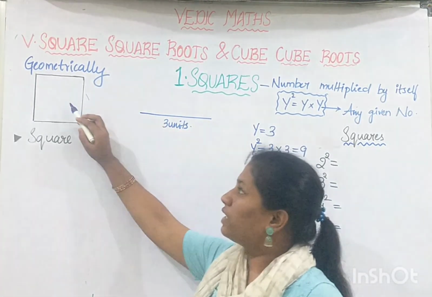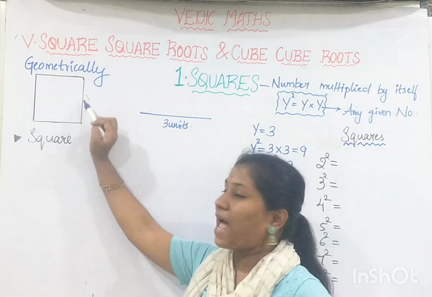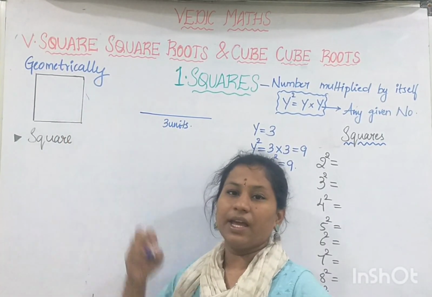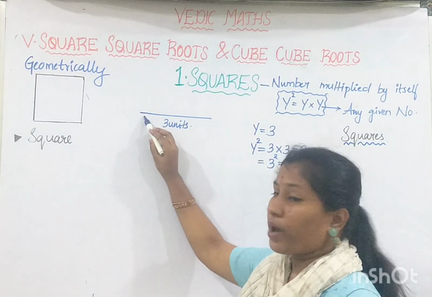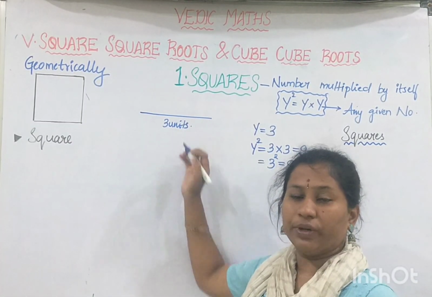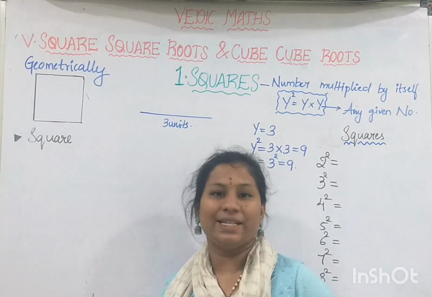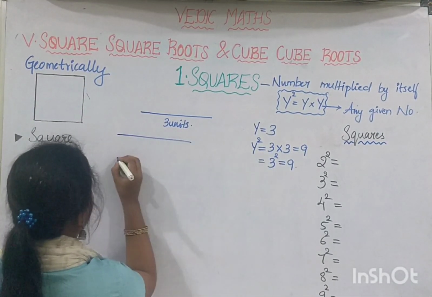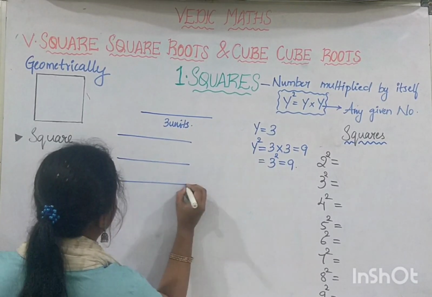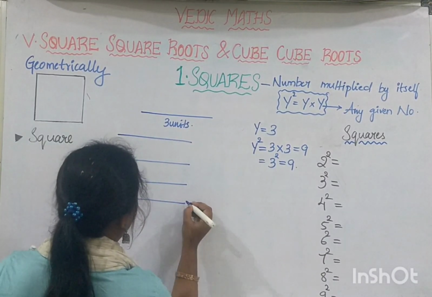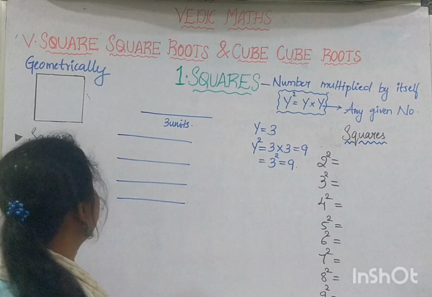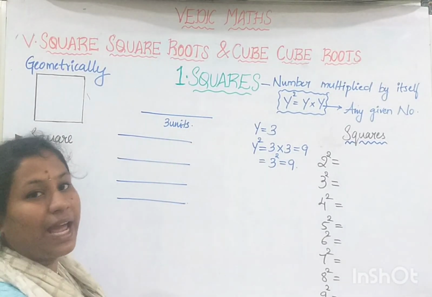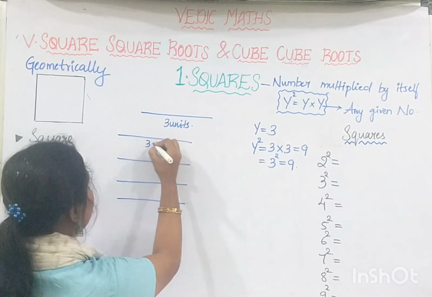The square has 4 sides, which means all the 4 line segments are equal. To form a square with this line segment of 3 units, we need 4 line segments: 1, 2, 3, 4. So I have taken 4 line segments of 3 units.